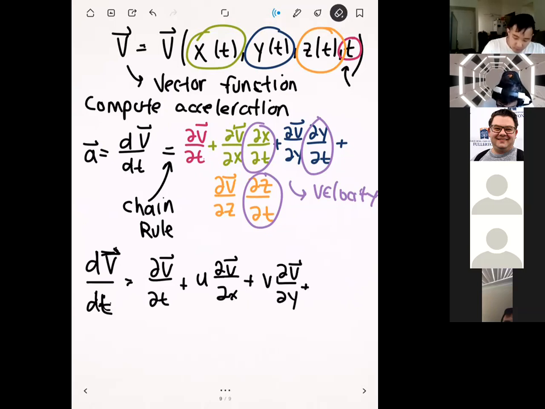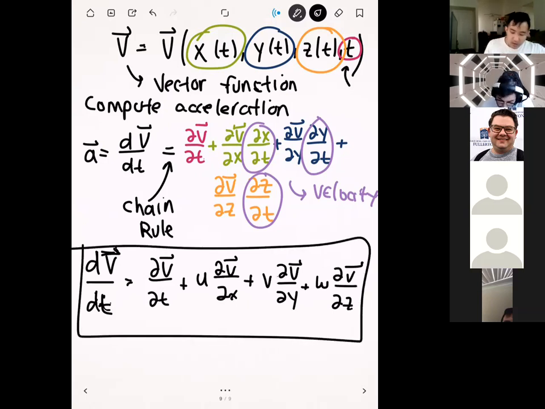Next we have the y term, so that's going to be v times dv/dy. And so notice the difference between the v with the arrow on top, which is the velocity vector, and then v with no arrow, which is just the y component of velocity. And then finally, we have the z term, which is w dv/dz. And so this right here is our material derivative.